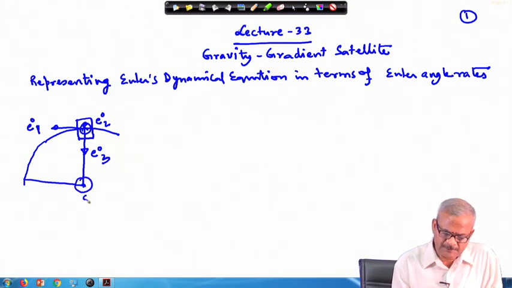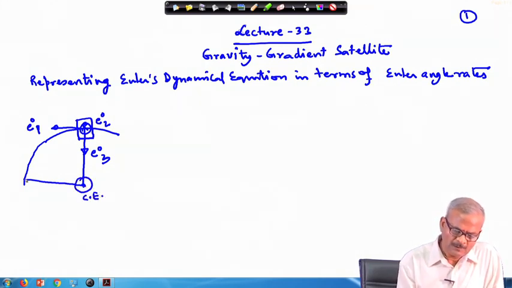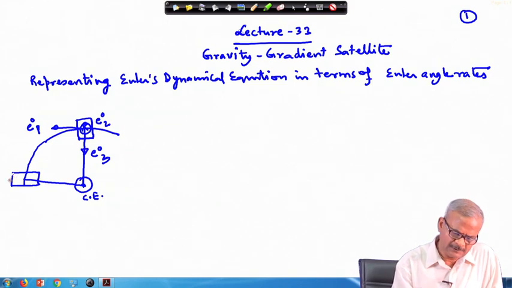This is the center of the earth, and after some time the satellite will come here. It may be oriented like this or have some different orientation, but the center of mass is located here.